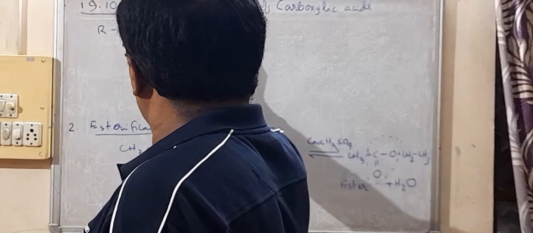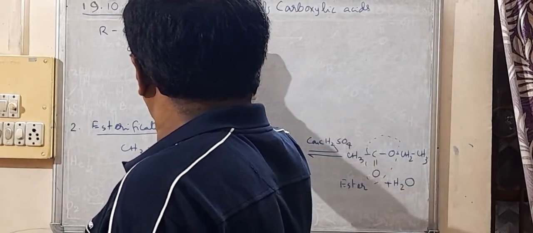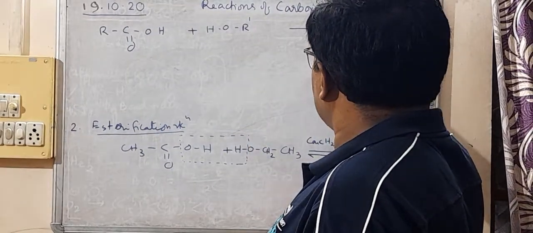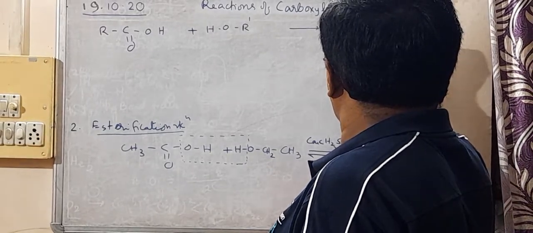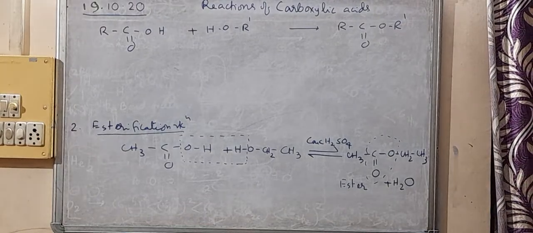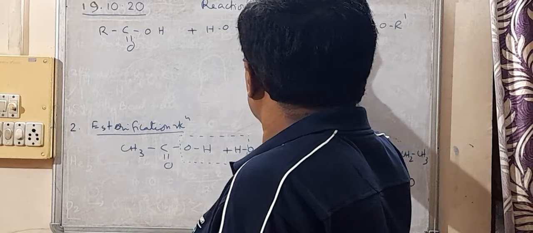This carboxylic acid and this alcohol, say R-OH, we will get this ester. So let us write the mechanism. Of course, in presence of acid.